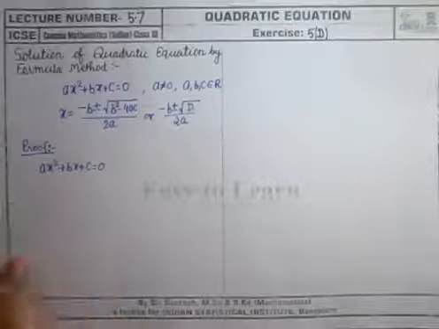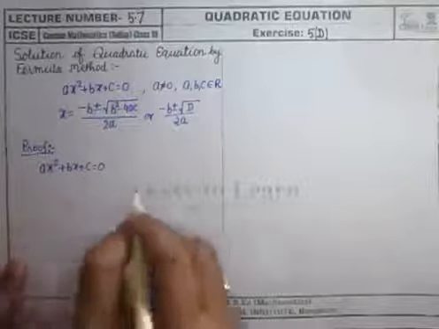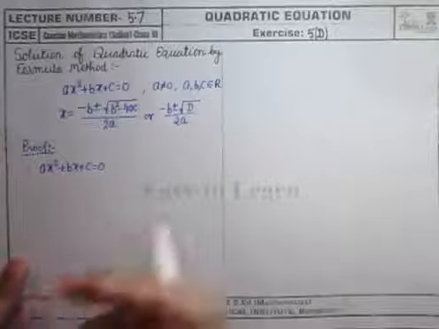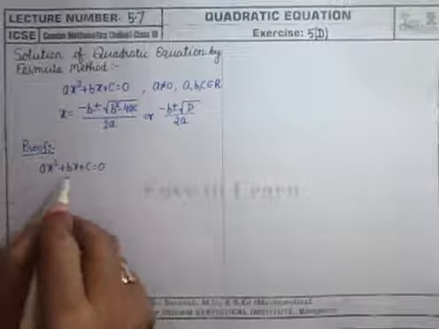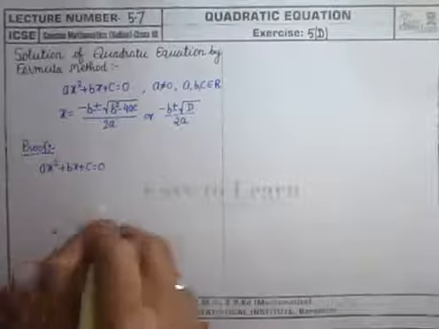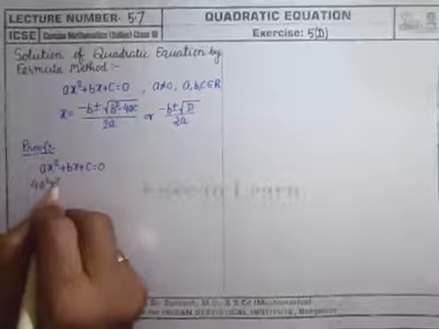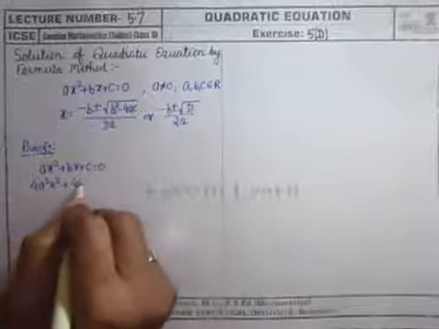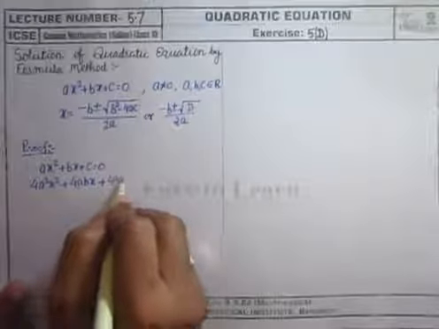So to convert this into a perfect square, use the Sridharacharya technique. Multiply all the terms by 4 times the coefficient of x square. So it is 4a square x square plus 4abx plus 4ac equal to 0.